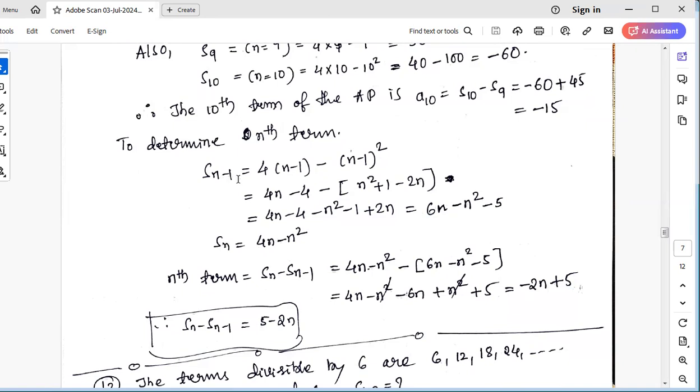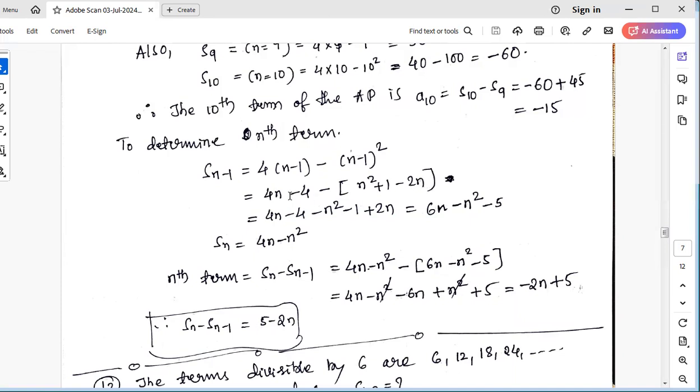It becomes S(n minus 1) equal to 4 into (n minus 1) minus (n minus 1) whole square. Multiply this 4 into the bracket, so it is 4n minus 4, and minus. You have to expand this using (a minus b) whole square, which is a square plus b square minus 2ab. So it becomes n square plus 1 square, which is 1, minus 2ab, meaning minus 2 into n into 1.